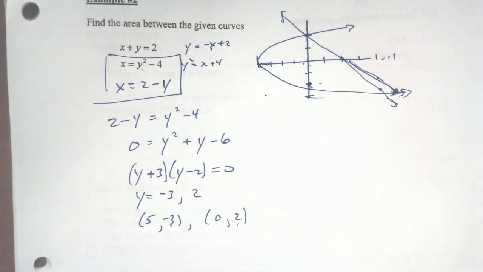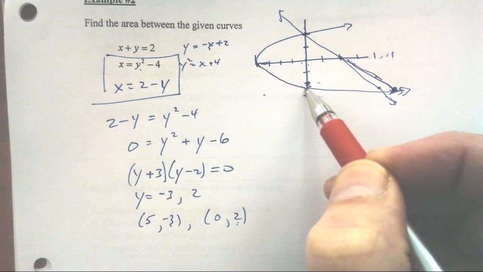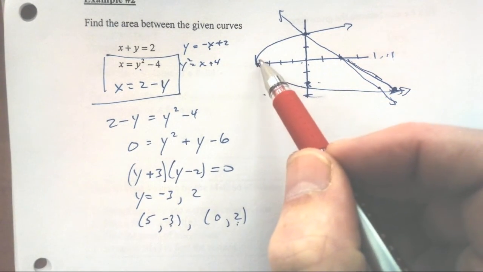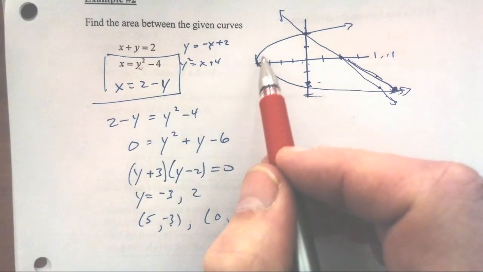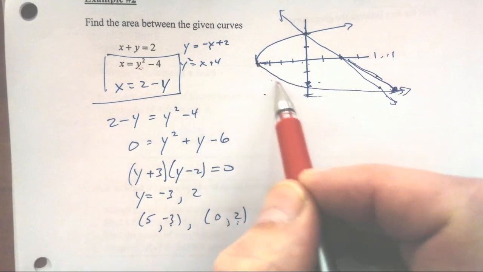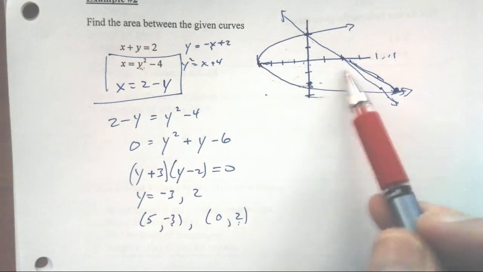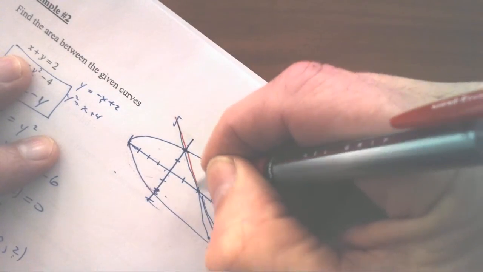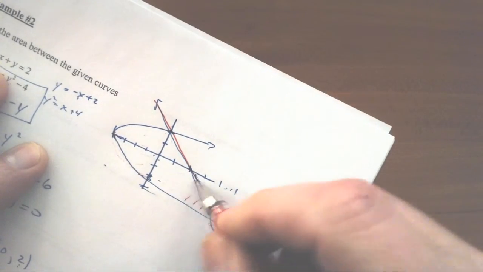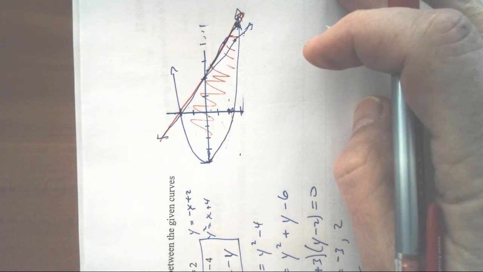So integration, what I could do is this. I could say under this curve and above that curve, where this would be the positive square root we get when we solve for y, and this would be the negative square root we get when we solve for y. Find that area, and then find this area. But the area, so embarrassing, wouldn't change if I tilted this and treated it this way.